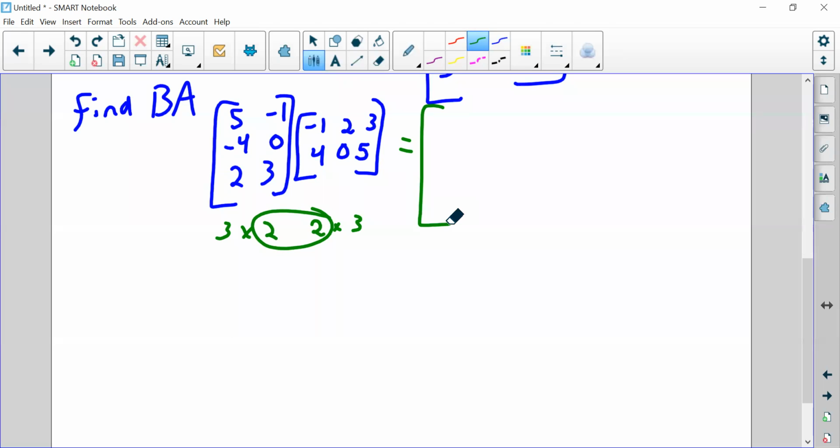To do this, I need to start over and down. So I'm going to do my first row in my first column. So 5 times the -1 gives us -5 plus a -4. Okay, so I go over and down. That's my entry for my first row, first column. And I'm going to do my first row, second column entry.